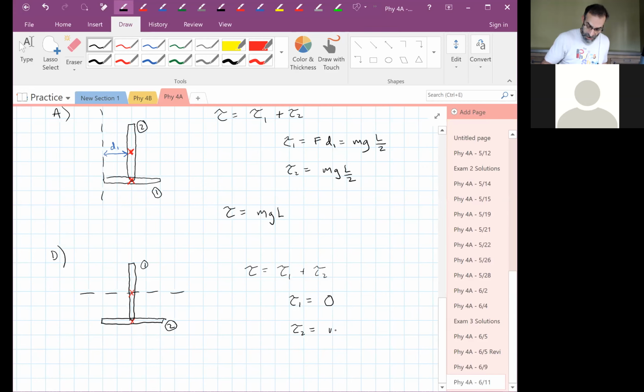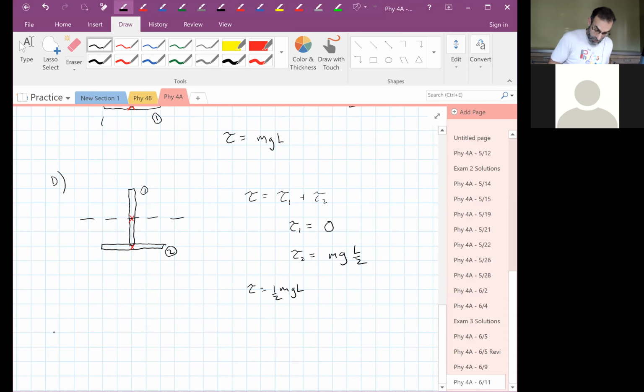It's mg times the lever arm, L over 2. And add them up and you get 1/2 mgl. And E is this one.